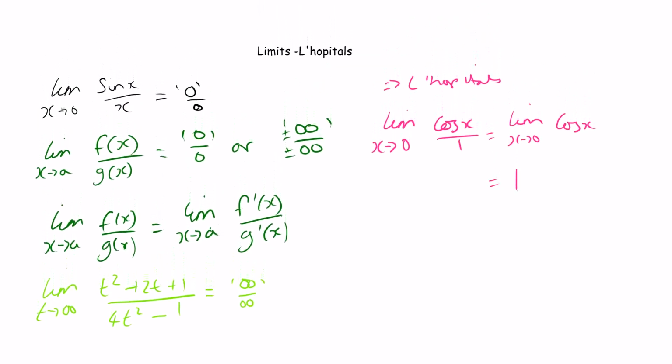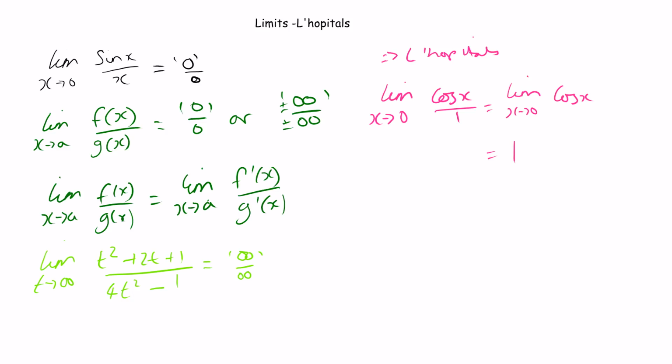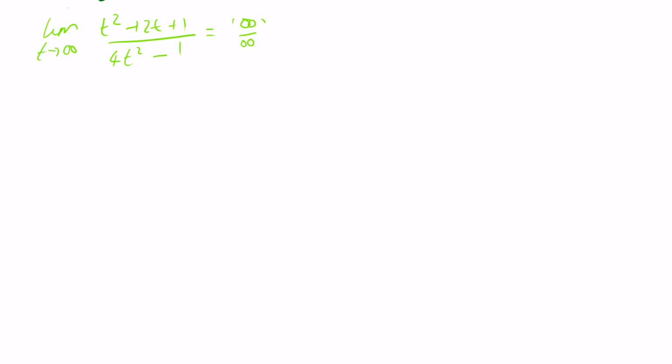And going back up to L'Hopital's rule, we've got this case, so that means we can use L'Hopital's. From here we differentiate the top and differentiate the bottom with respect to t. So it gives us 2t plus 2 over 8t. Now if we let t tend to infinity, that will again give us infinity over infinity.